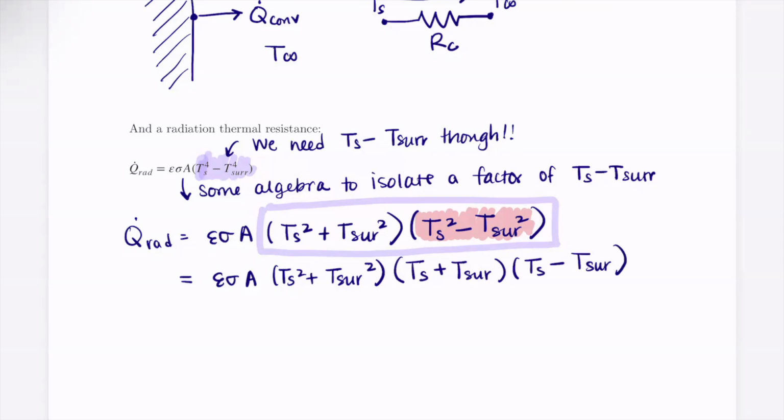All right, so this guy is that highlighted portion now. Okay, but you'll notice that now we have this factor we were looking for. So we wanted to break this out.